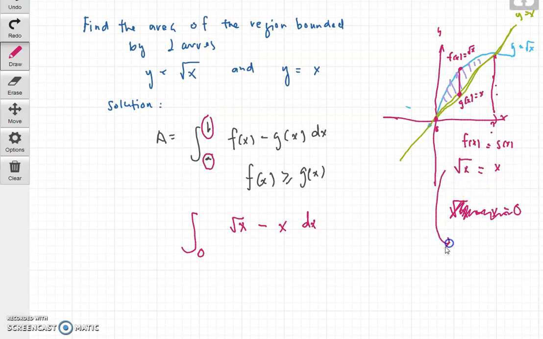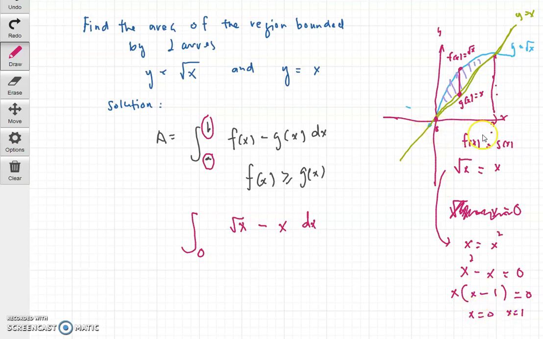So x equals x to the power of 2, because when we bring the square root to the other side, it becomes a power. So you get x squared minus x equals 0. Factorize this part: x multiplied by (x minus 1) equals 0. So x equals 0 and x equals 1.